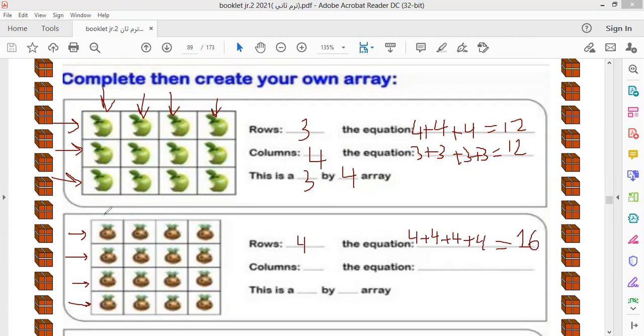And the number of columns, we have 1, 2, 3, 4. We have 4 columns, and each column have 4, so we write 4 plus 4 plus 4 plus 4 equals 16. And this is what? 4 by 4 array.